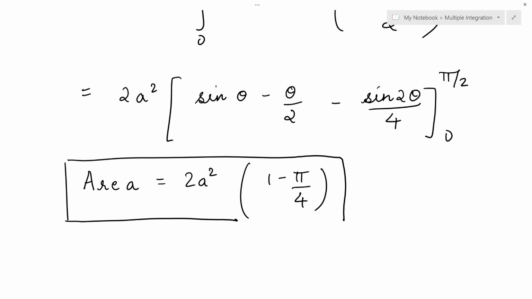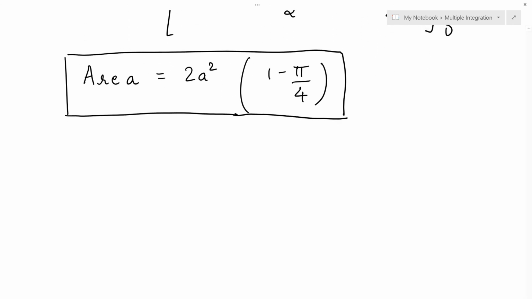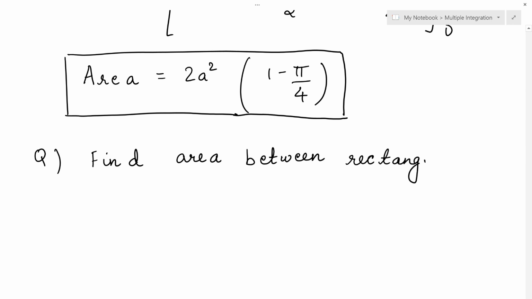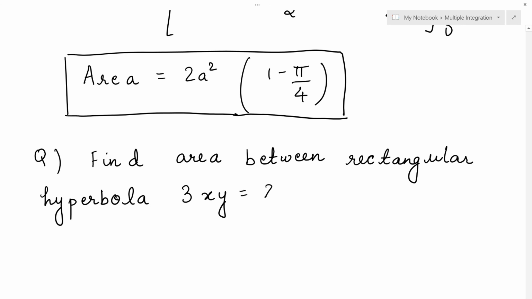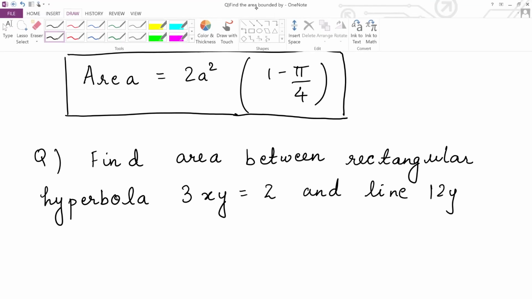Okay, so now let's take another example. You have to find the area between the rectangular hyperbola 3xy is equal to 2 and the line 12x plus y is equal to 6.